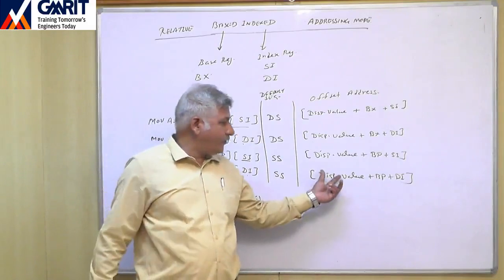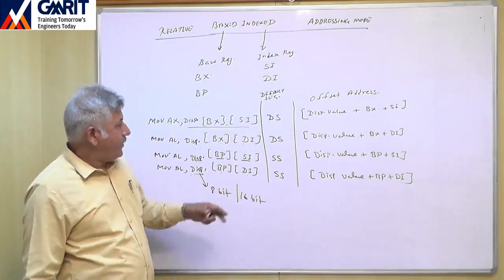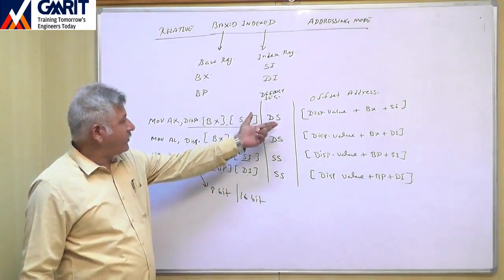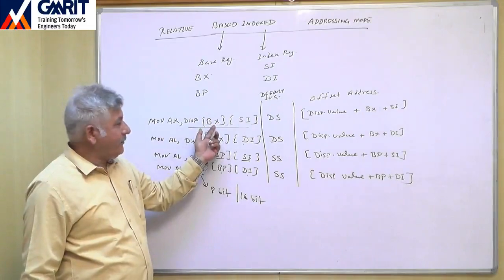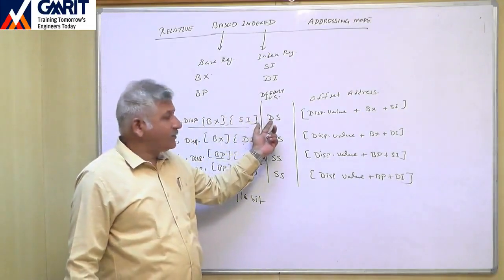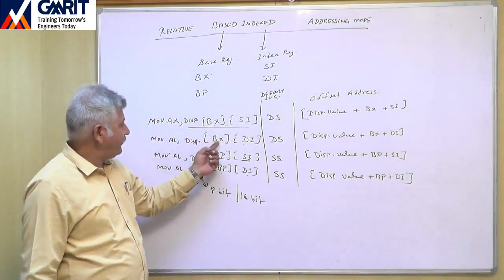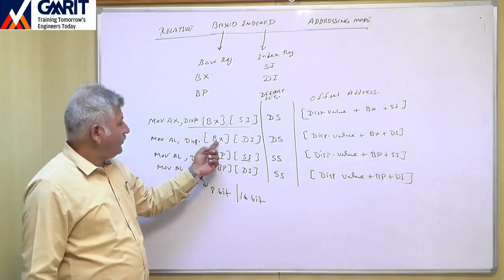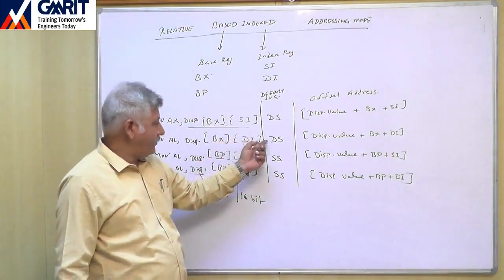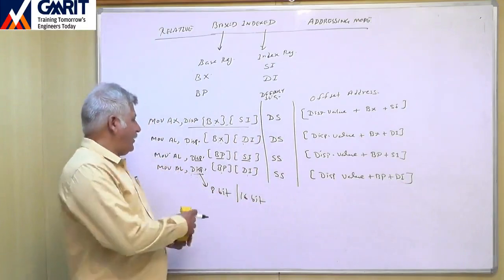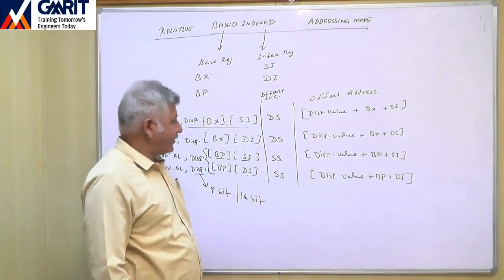Here the displacement value can be 8-bit or it can be 16-bit, right? And the default segments are the same. In the first instruction, since we are using the BX register, the default segment will be DS, the data segment. In the second case, we are using BX and DI, but the default segment will be for BX, which is the data segment, and for the remaining two cases, the default segment will be SS.